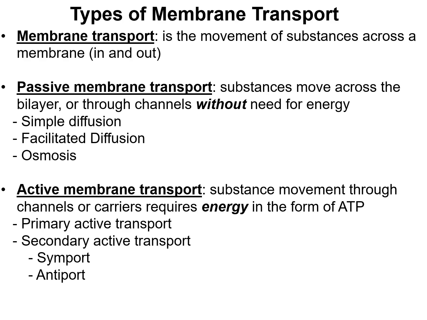So this process requires specialized pumps or specialized carrier proteins that help this process to be achieved. And this process can also be subdivided into primary active transport and secondary active transport. In the next few slides, we will talk about the difference between these two types.